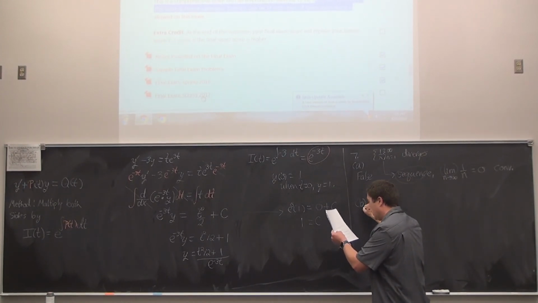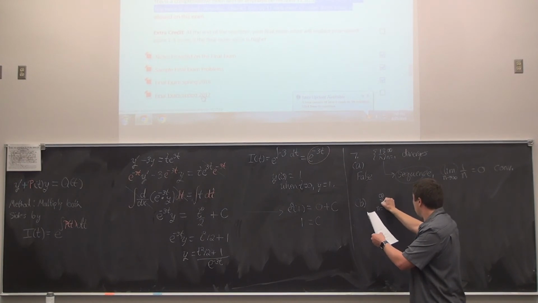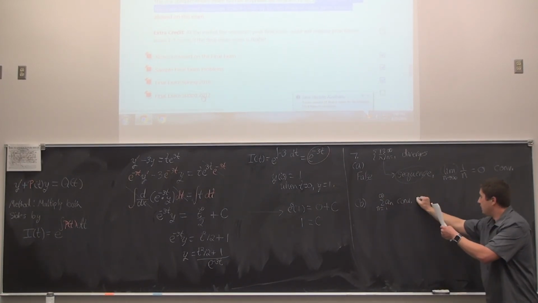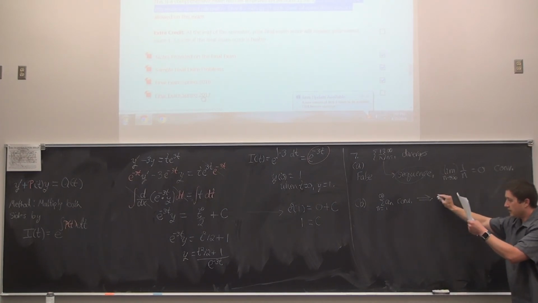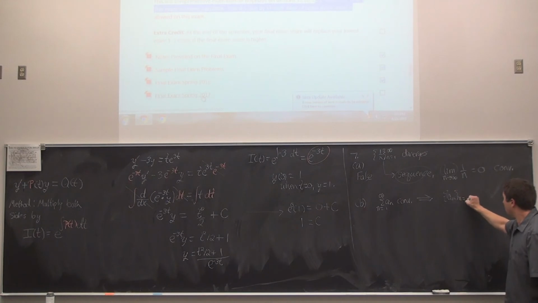Part B says, if the series sum of a sub n converges, then the sequence a sub n must converge. Turns out that this one is true. Anyone see why this one ought to be true?